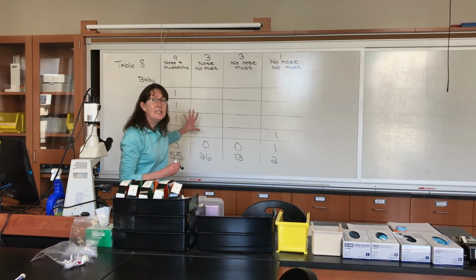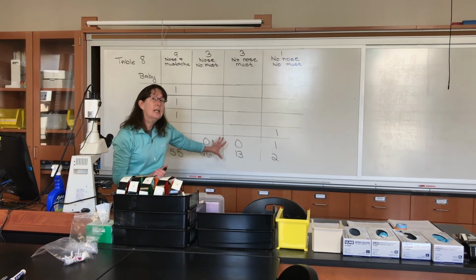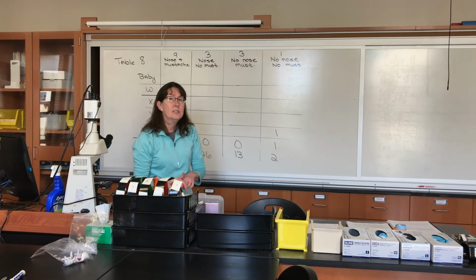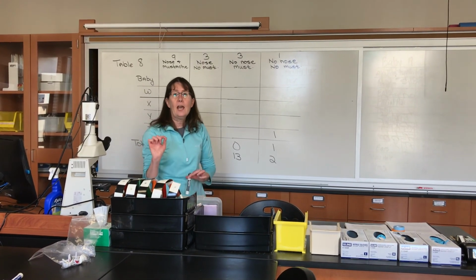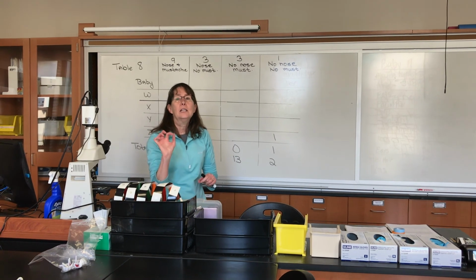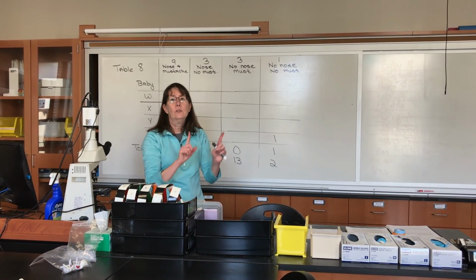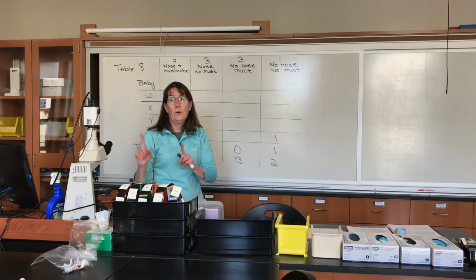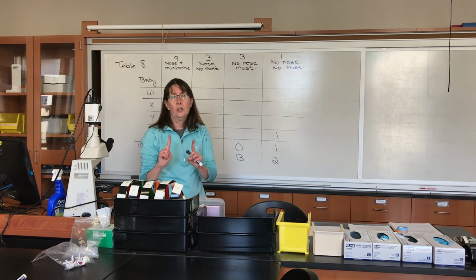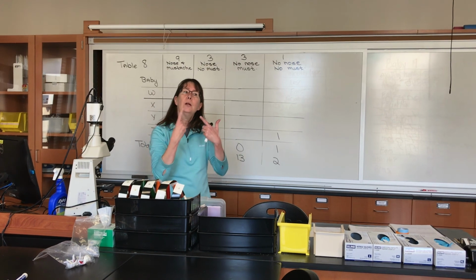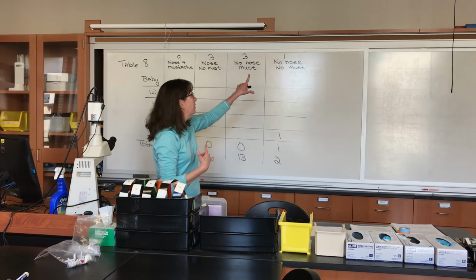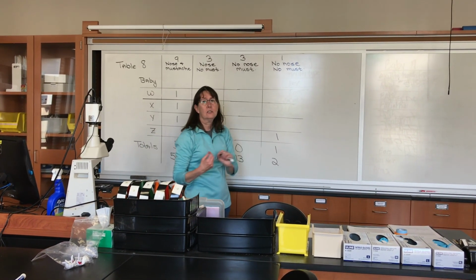So in this table, although we can look at the numbers that fall into each of those categories, we would not expect them to follow that true 9 to 3 to 3 to 1 ratio because we can't be sure that both parents were heterozygous for noses and mustaches to begin with.